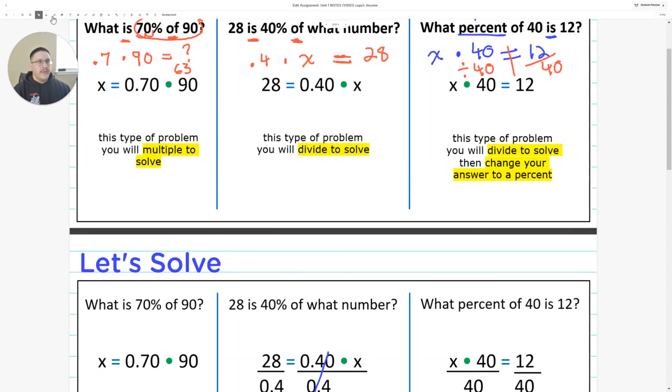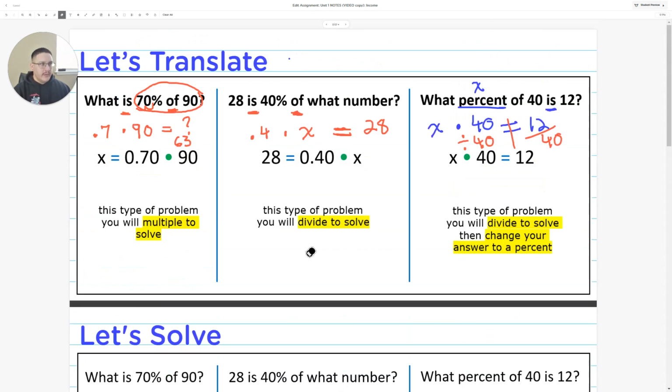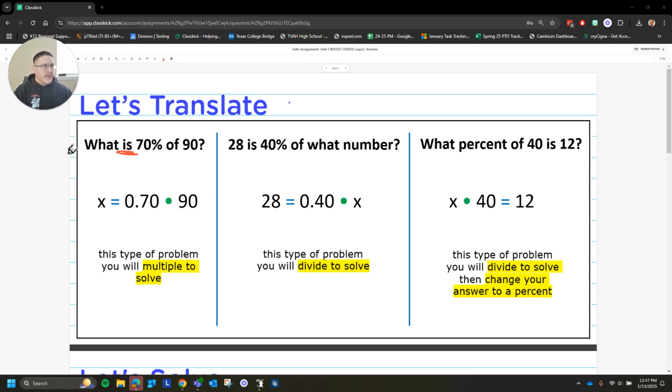Okay, so this is just showing you all the different scenarios of these types of problems. You need to know what "is" represents and what "of" represents in terms of setting up an equation. "Is" is our equal sign. "Of" is our multiplication sign. And then you need to know what is missing, what's being multiplied, etc., and what you will do to find that missing value.